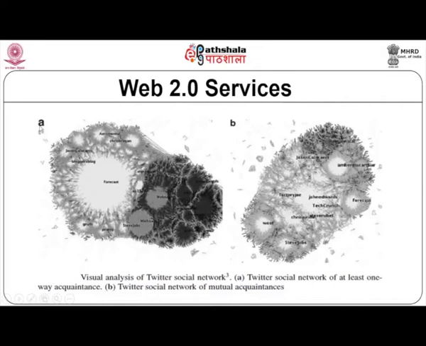The figure indicated by notation A is also data collected from Twitter social network data that highlights at least one acquaintance, one way acquaintance here, in the sense one individual must be connected to at least one other individual. And the diagram here, the B diagram, highlights the same Twitter social network data having mutual acquaintance, that is, if a person is friend to one individual, then the other individual is also friend to the previous individual. So, two-way acquaintance are highlighted here.